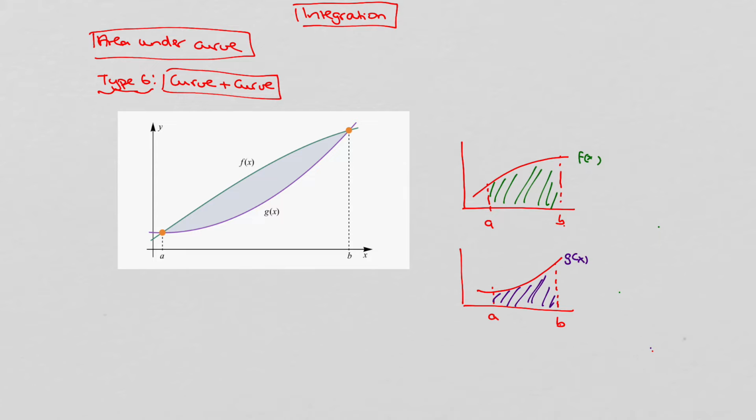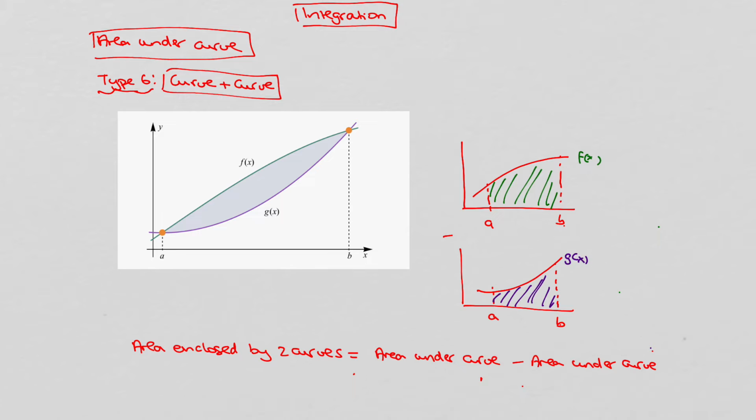So in other words, if I get the difference between the two, we get the area enclosed. So we say the area enclosed by the two curves is equal to the area under the upper curve minus the area under the lower curve.